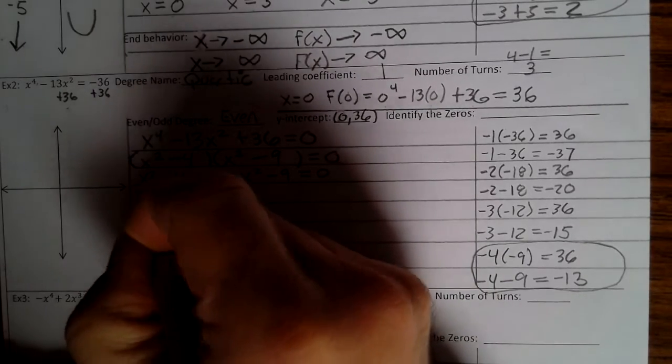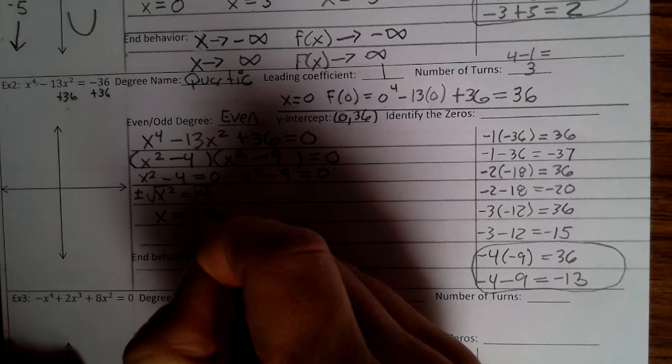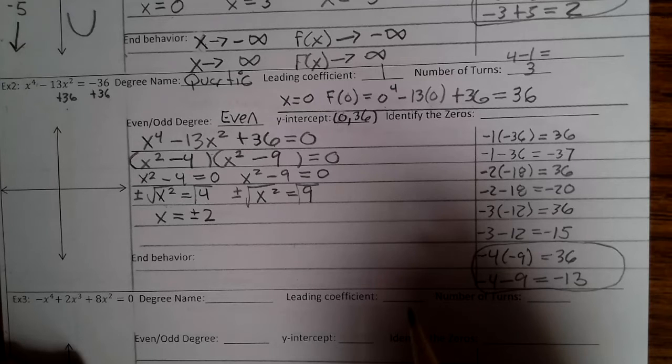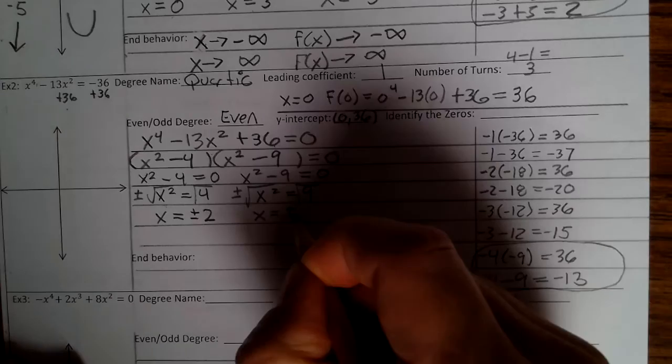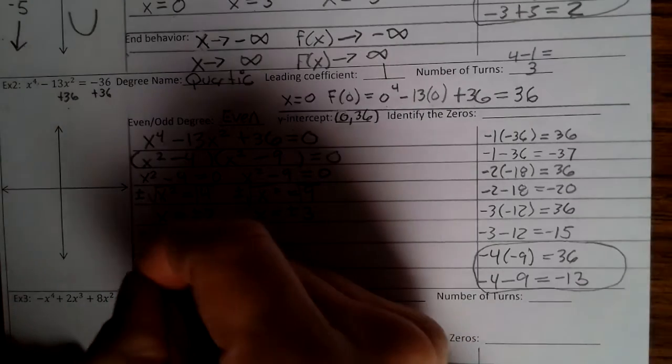So now we add 9 to both sides, we get x squared equals 9. Take the square root of both sides, remember it's plus or minus. So x equals plus or minus 3. So your zeros are 2 comma 0, negative 2 comma 0, 3 comma 0, and negative 3 comma 0.